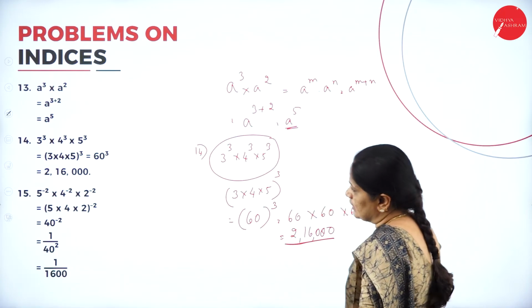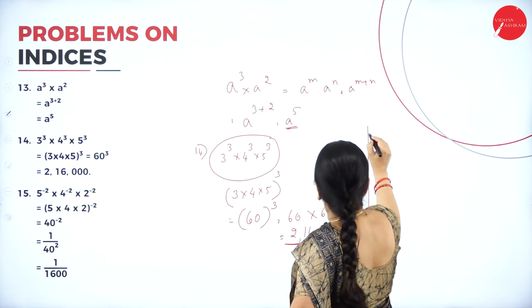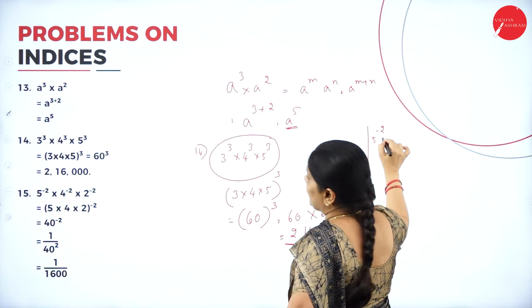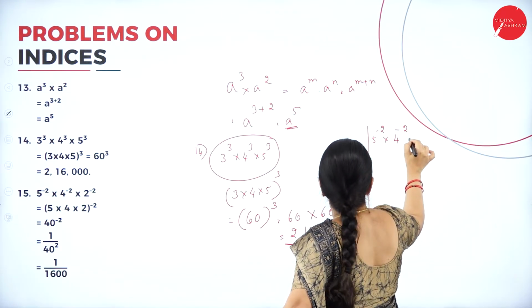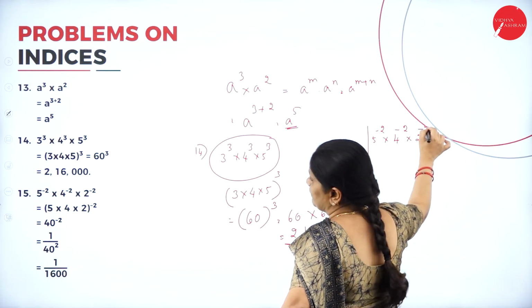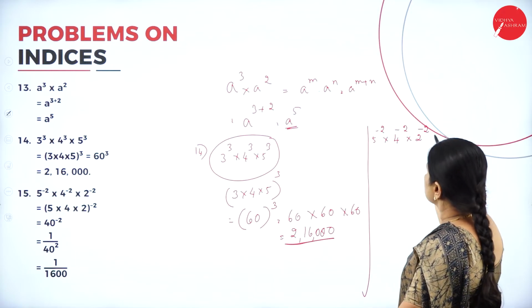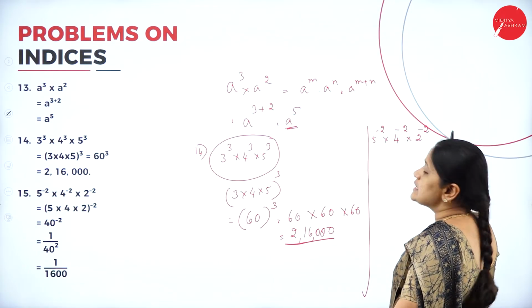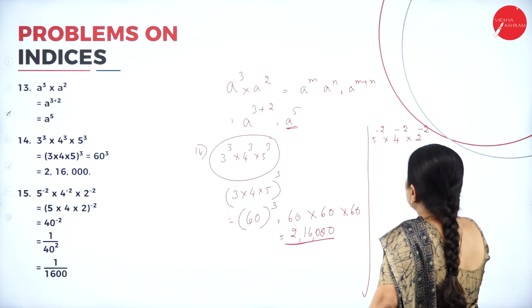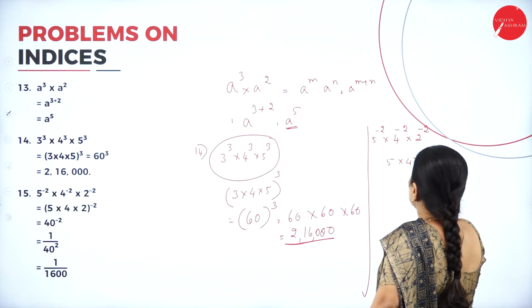Now, next, 15th problem here. What does the 15th problem tell us? 5 to the power of minus 2 into 4 to the power of minus 2 into 2 to the power of minus 2. Now, here again, if you can see here, the bases are different, but the powers are the same. So, when the powers are the same, what I will do is, I will multiply the bases whole to the power 2.